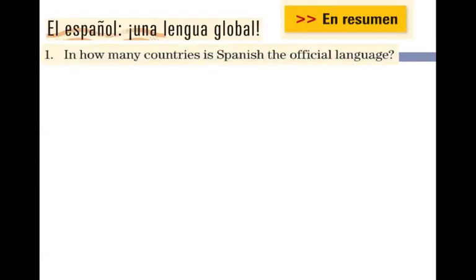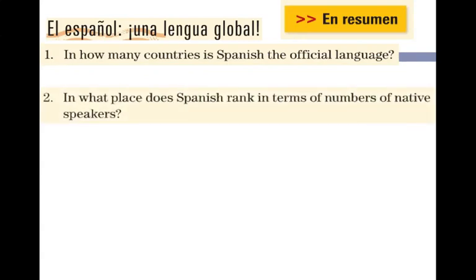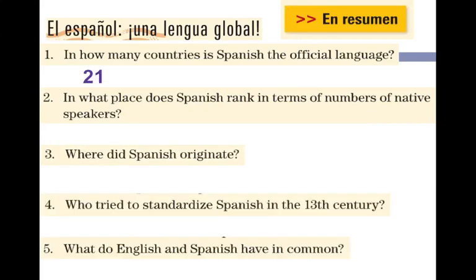So, un repaso, en resumen, in summary, in how many countries is Spanish the official language? 21. In what place does Spanish rank in terms of numbers of native speakers? In the world, it is the second most spoken language. Where did Spanish originate?